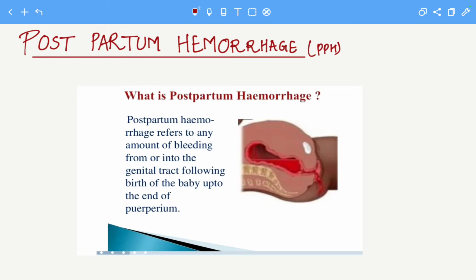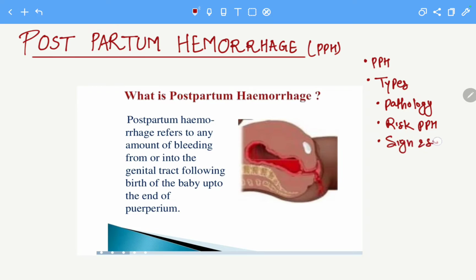First of all, we will discuss the definition of PPH. Then we will discuss the types of PPH. What is the pathology? What are the risk factors of postpartum hemorrhage? And then we will discuss the signs and symptoms, so that we can know that this is a case of PPH.